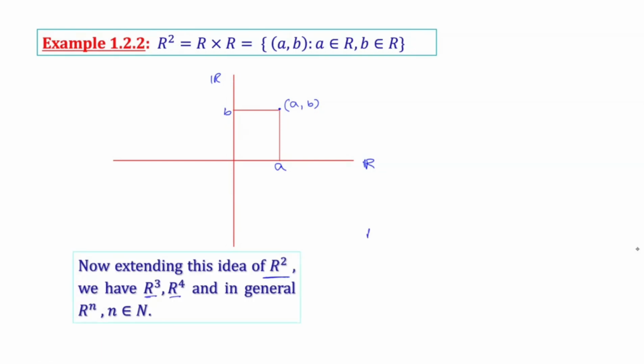Now this idea can be extended to R3, R4 and so on to Rn, where R3 can be written as R cross R cross R, and R4 is R cross R cross R cross R.